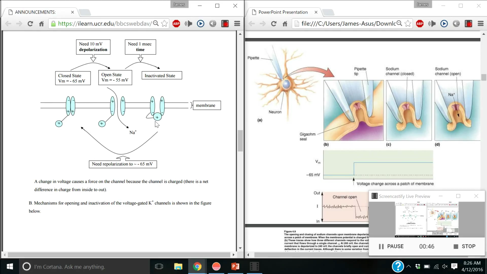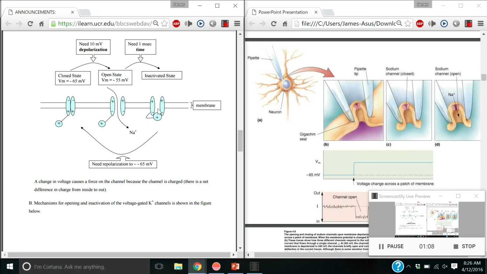And just as a tidbit, which I mentioned before, this is what causes the absolute refractory period. So when is it that the inactivation state exists? It's during the falling phase of the action potential.